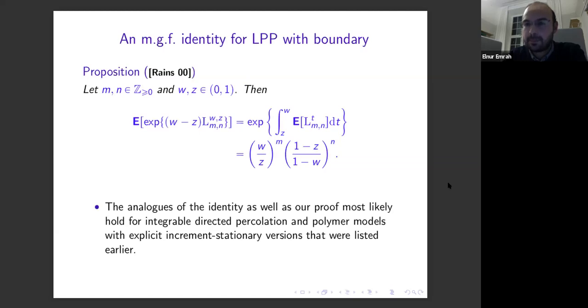Yeah, for me, it's interesting to see how this identity can be proven. Yes. So the proof using increment stationarity is actually quite short.